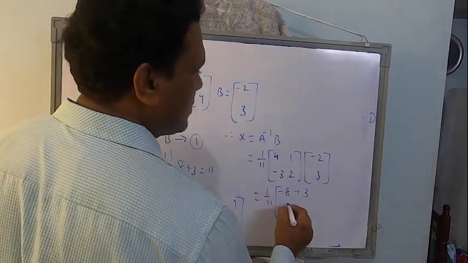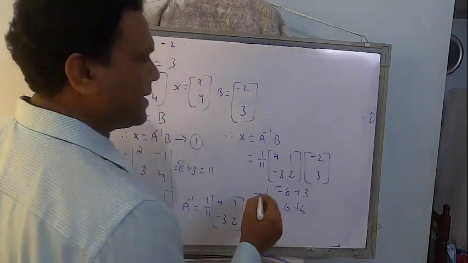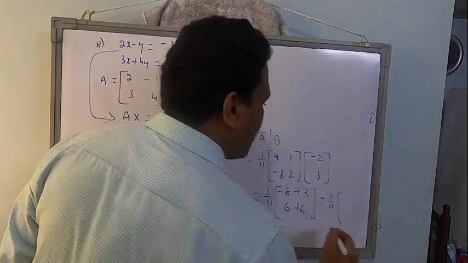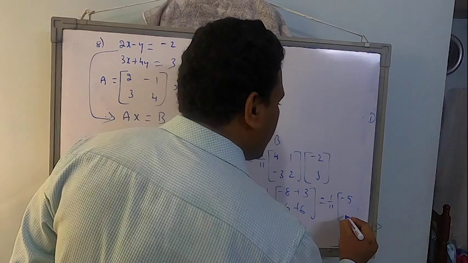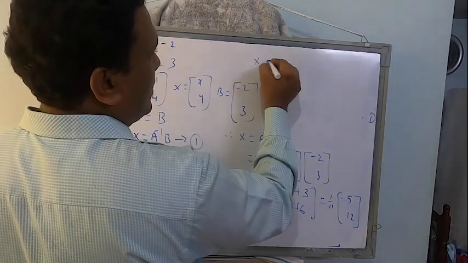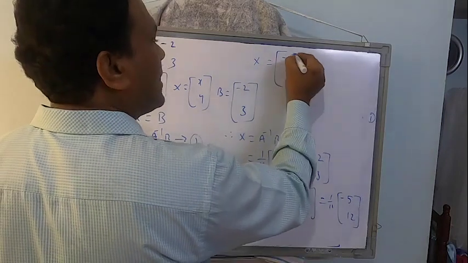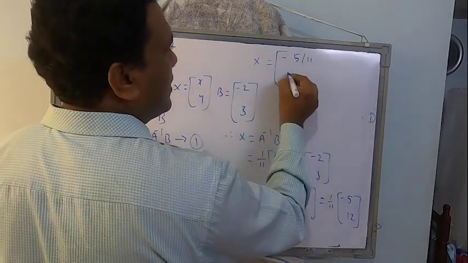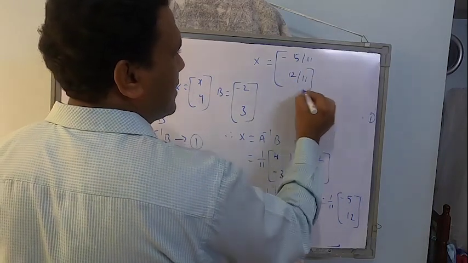And the next one, 6 plus 6, correct? So this is going to be 1 by 11 multiplied by minus 5, 12. So X equal to minus 5 by 11. Last step is to multiply 1 by 11 inside, and 12 by 11, correct?